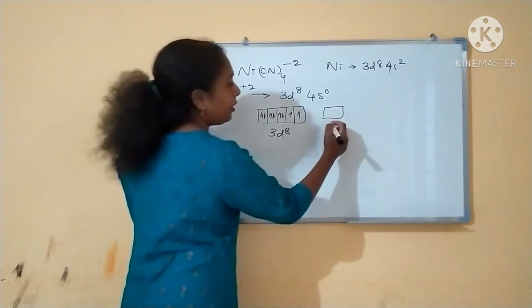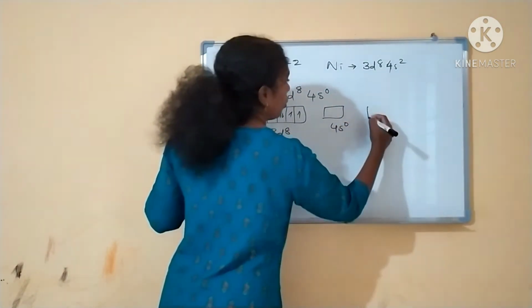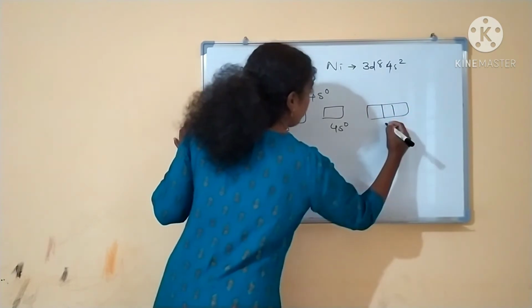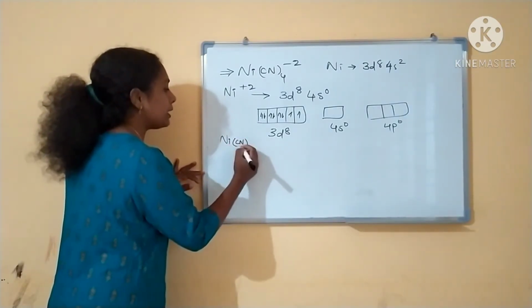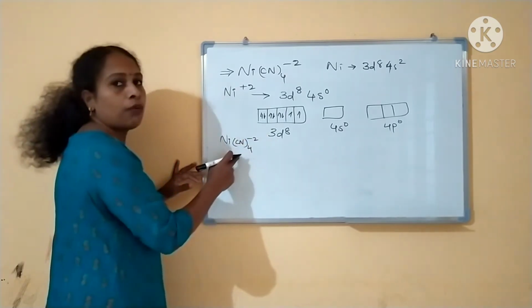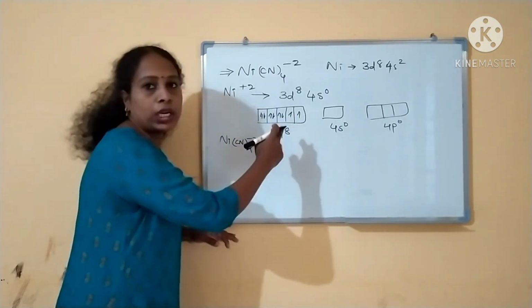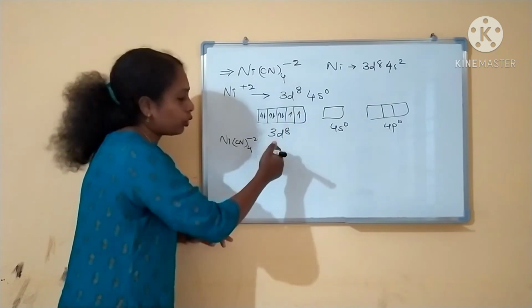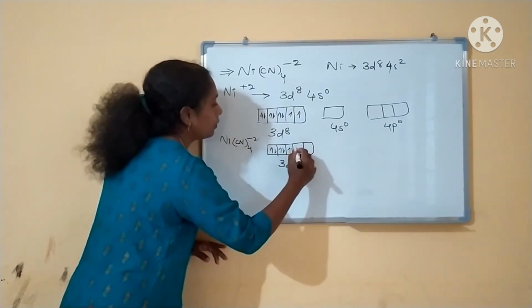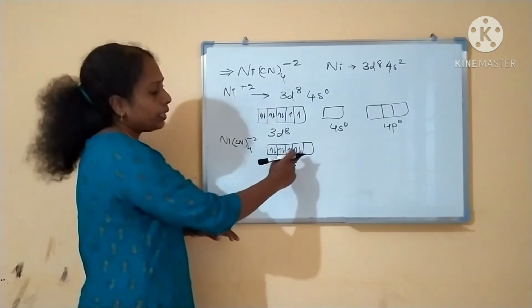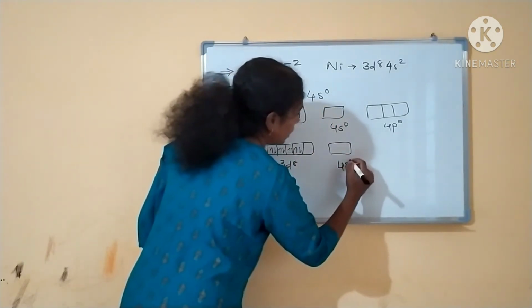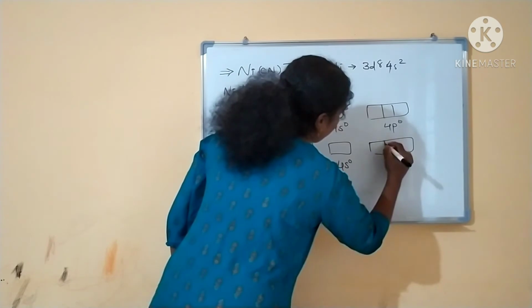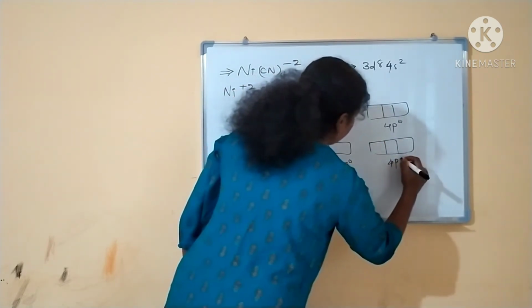So we will see how the electrons are distributed in the orbitals. 3d8, 4s0 electrons, and 4p is the outer orbital. If you consider the case of [Ni(CN)4]2-, what will happen? CN is a strong ligand, it will cause pairing of the electrons. So it will become like this: one d orbital is free, and outside 4s0 is there and 4p0 is there, right?